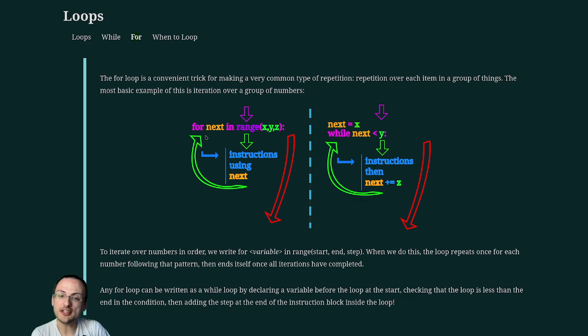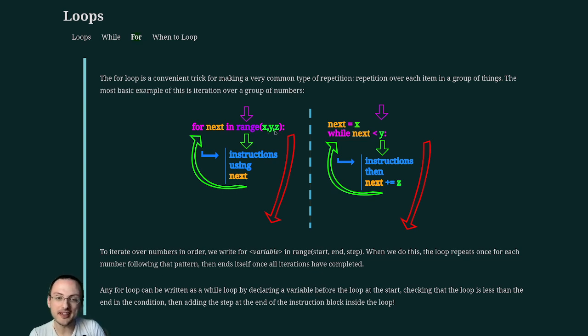And the way that we do that is by writing a slightly fancier condition line when we're entering the loop. For a for loop, the form this is going to take is: for some iterating variable in a range with an x, a y, and a z.